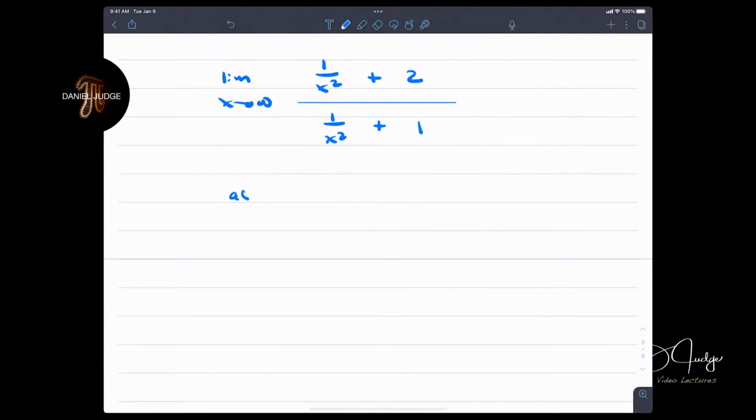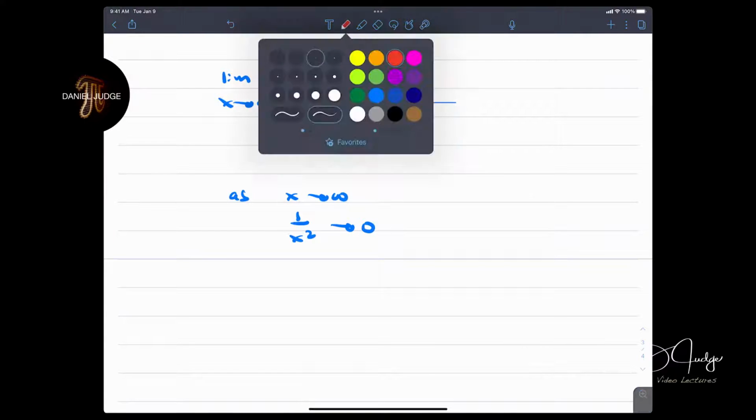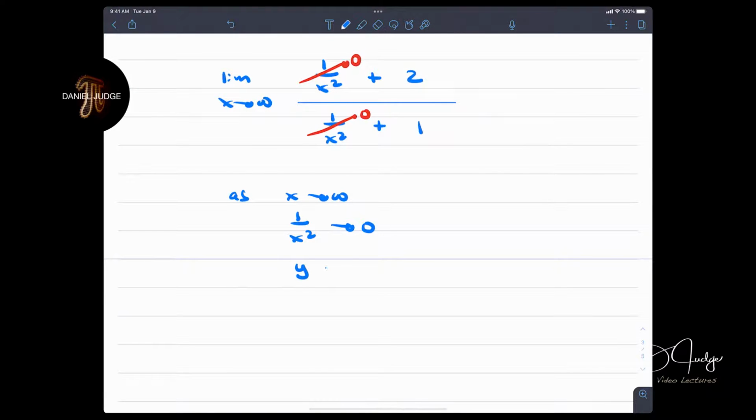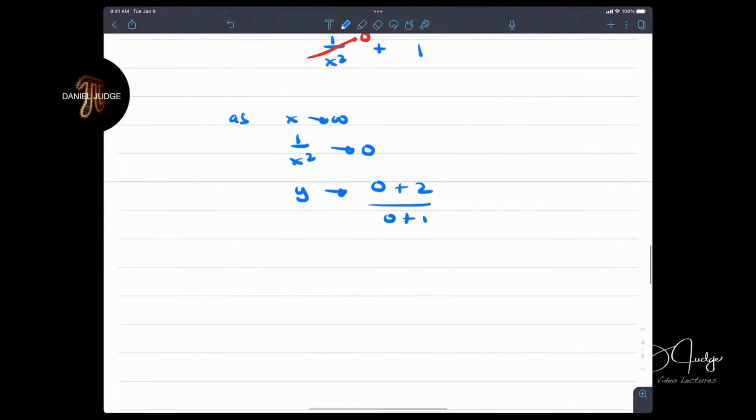As x goes to infinity, we know 1 over x squared goes to 0. So what that means is this is going to 0. This is going to 0, which means y, which is the function, this whole thing is y, is going to 0 plus 2 over 0 plus 1, which is 2 over 1.